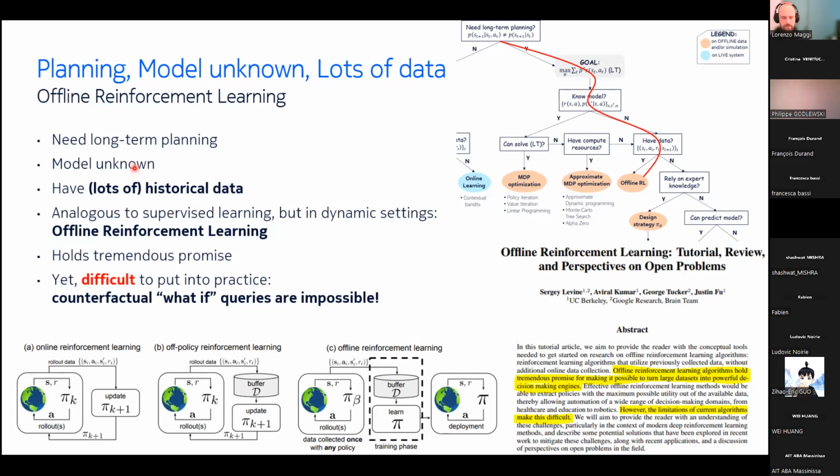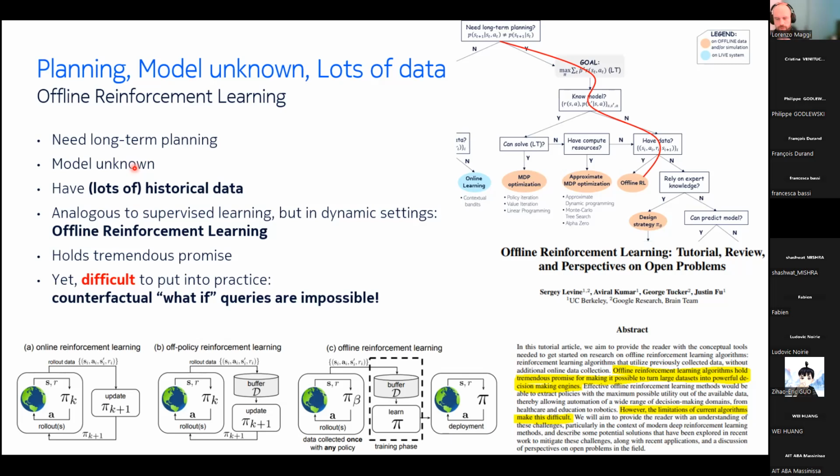So you cannot answer this basic counterfactual question that is very important in reinforcement learning, but not so important in supervised learning, because in interpolation the lack of data is less of a problem. But this is not really an interpolation, because changing the action in one state can dramatically change your long-term reward.